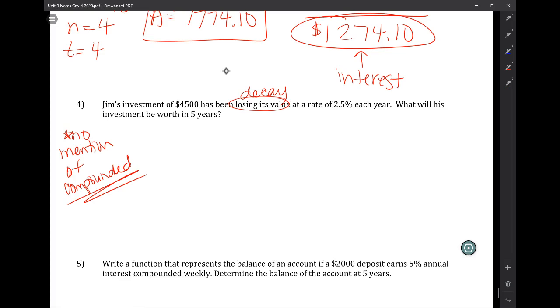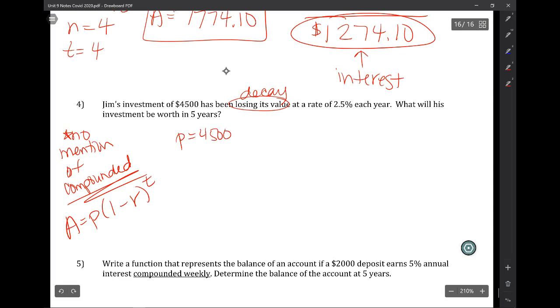If they never say compounded, you actually can go back to this formula. So I don't have to figure out what n is in this problem. There isn't an n. We initially invested $4,500. It is losing value at a rate of 0.025. Time is 5 years later, and I just want to know how much money I'm going to have.